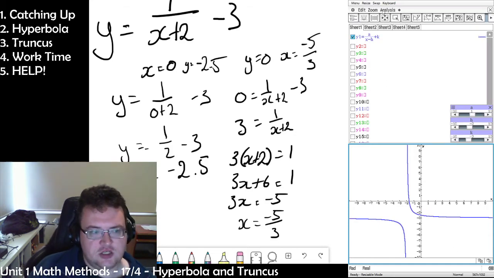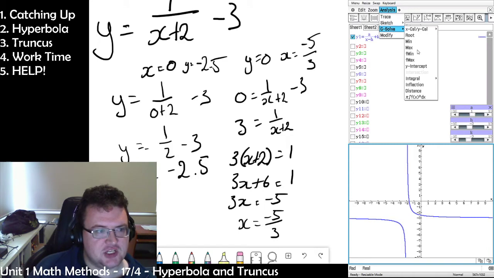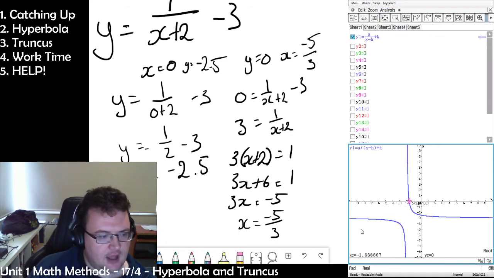So again, using our CAS analysis, G-solve, root will get us our x-intercept at negative 1.666667, which is negative 5 over 3.